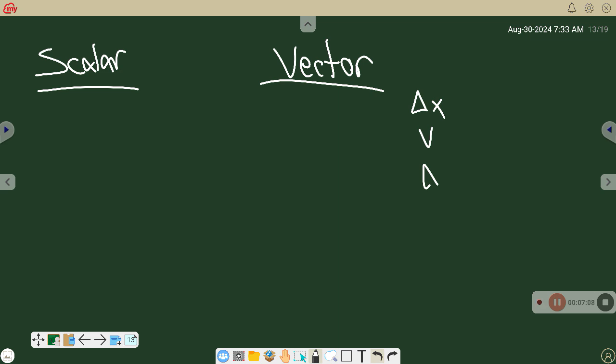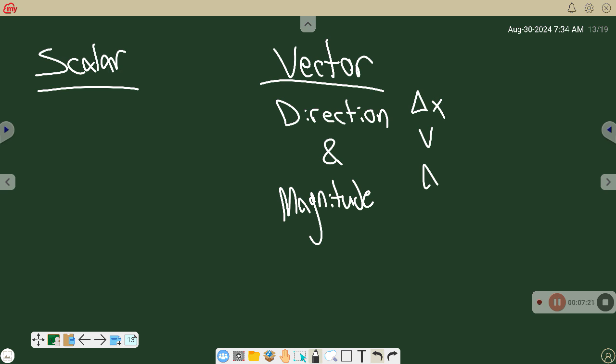In the movie, there's that character Vector, and he keeps on talking about how he has direction and magnitude. And he was actually teaching you about math. In reality, what he was saying is pretty much true. That's kind of how we define a vector, whereas a scalar is just something that has magnitude.